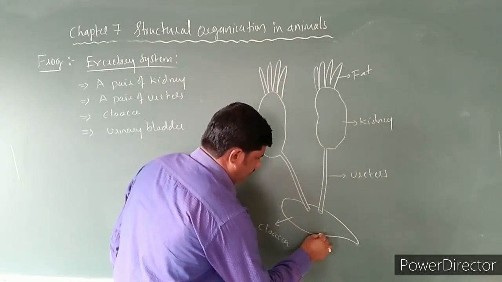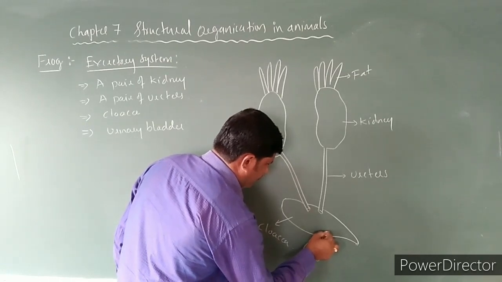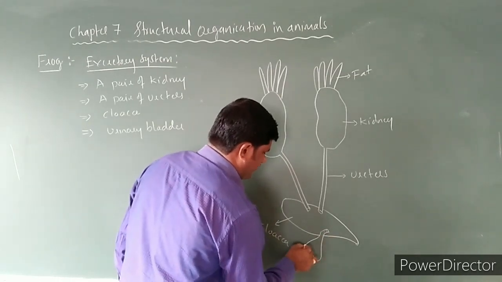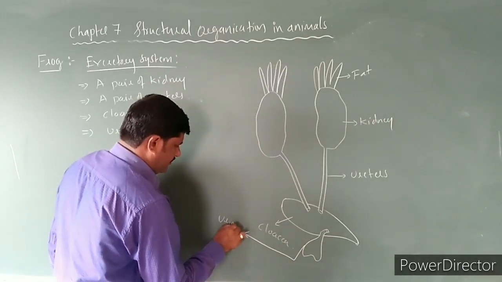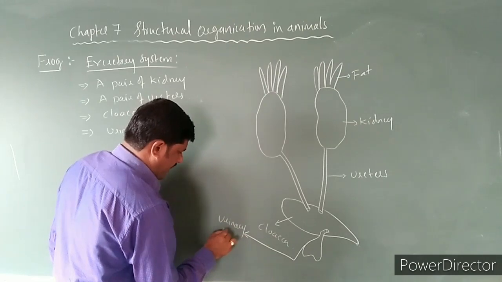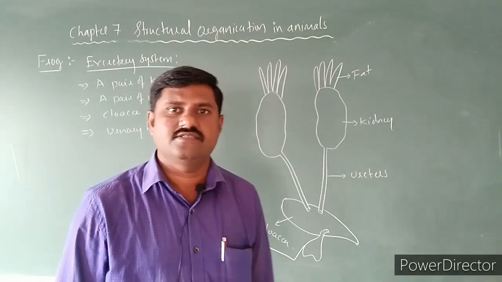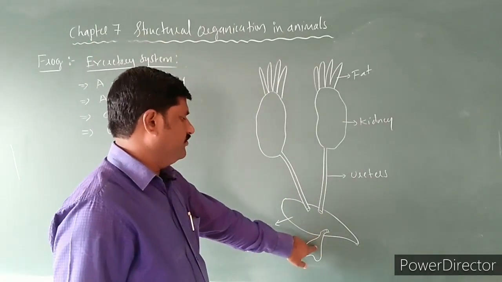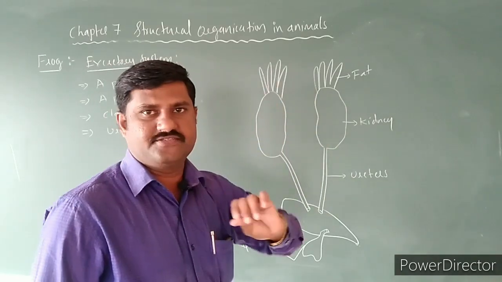On the interior of the ventral part, you come across one structure called the urinary bladder. So this is urinary bladder, cloaca, ureters as well as a pair of kidneys.